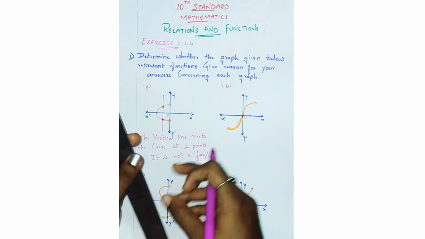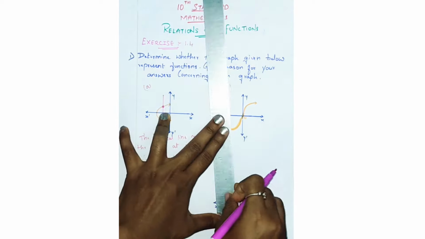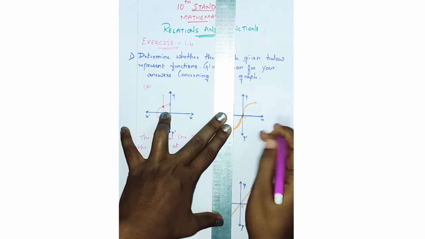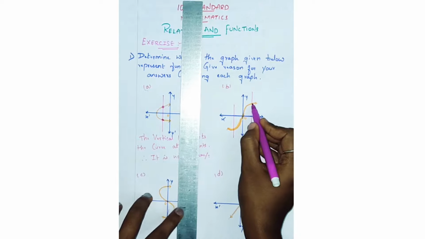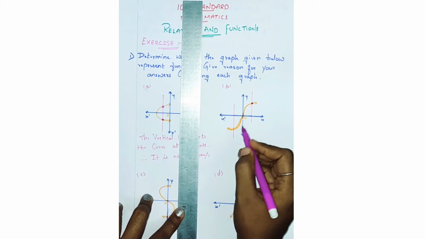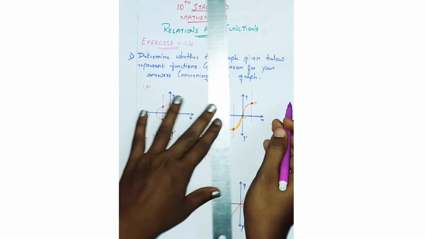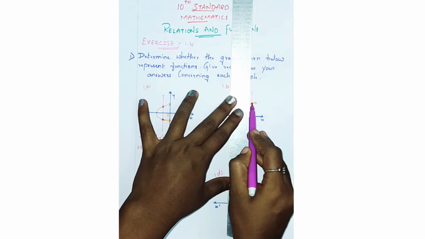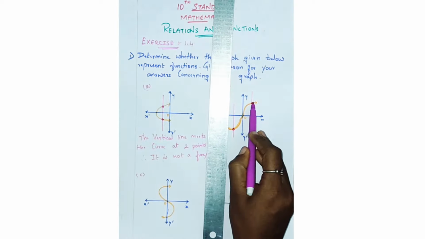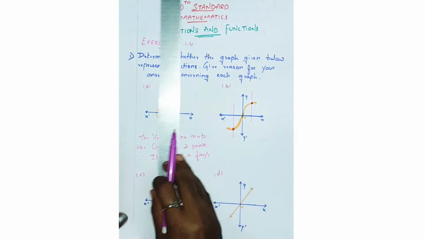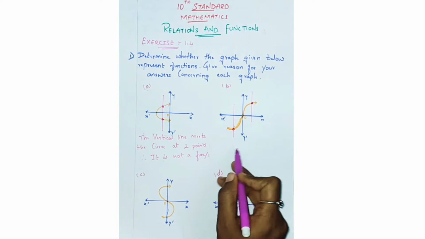So now we'll check with this graph. You can draw a vertical line at this place or this place also. Just see, the vertical line meets the curve at only 1 point. This vertical line meets at this point, and this vertical line meets at this point. So it is meeting at only 1 point, therefore it is a function. So what reason will you write?